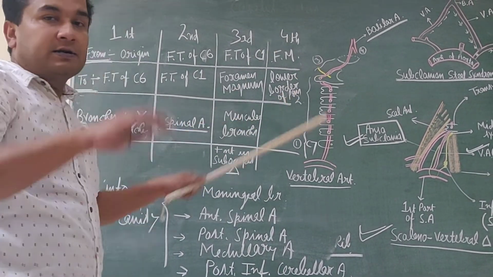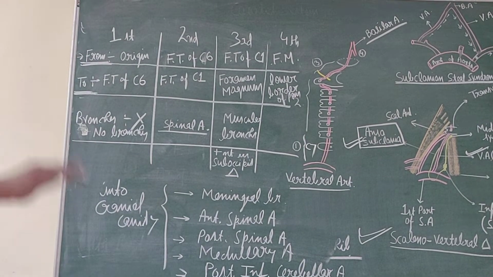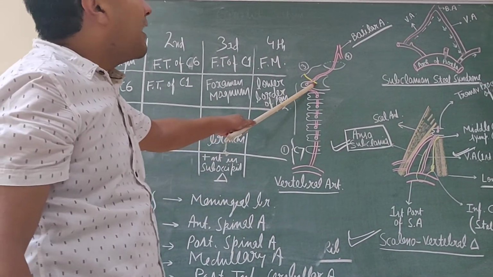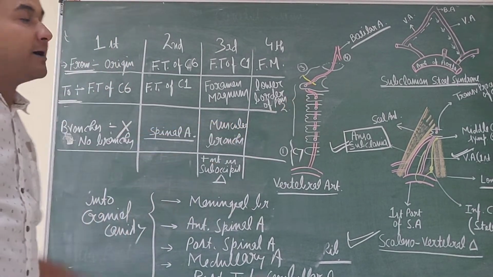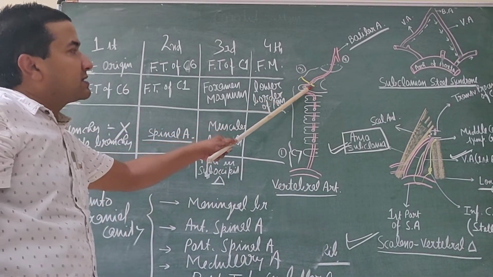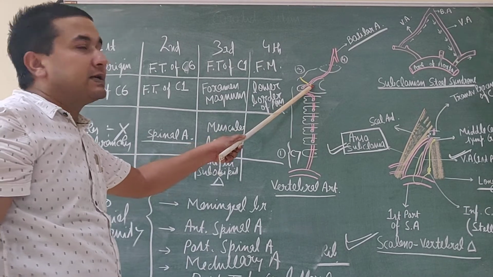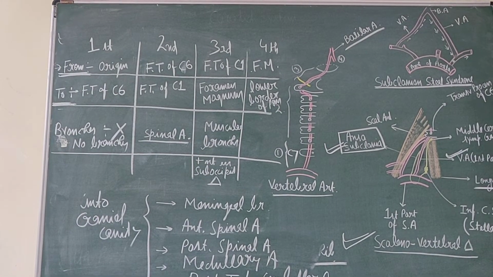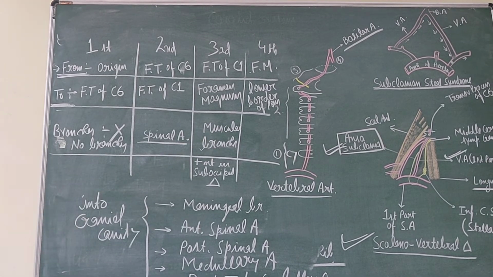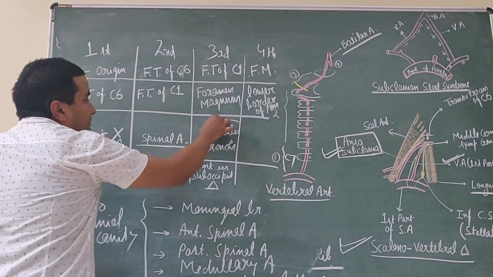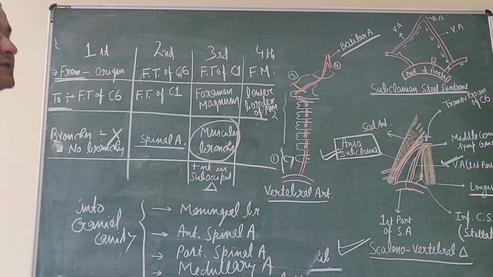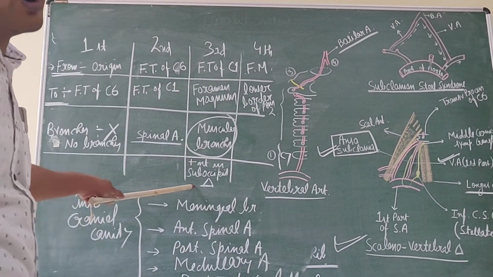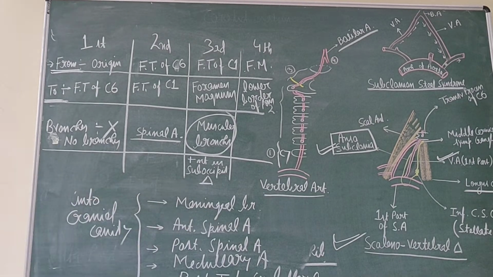It rests on the upper surface of the posterior arch of the first cervical vertebra, and these two structures are separated by the dorsal ramus of the first cervical nerve. The third part gives the muscular branches that supply the muscles which form the boundary of the suboccipital triangle.